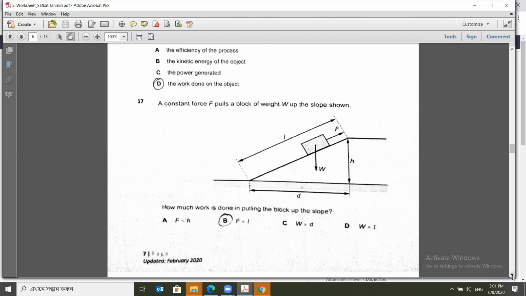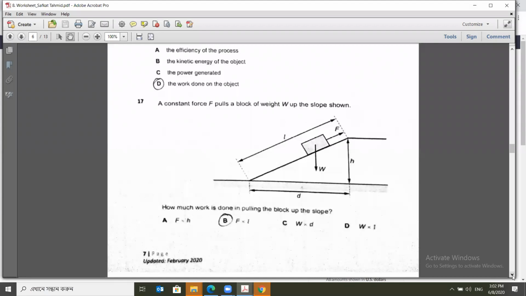Yes, that formula. But when will we use F into H, and when will we do W into L?